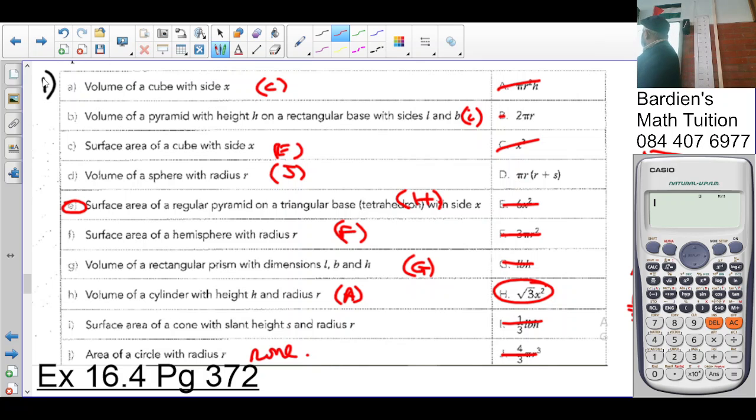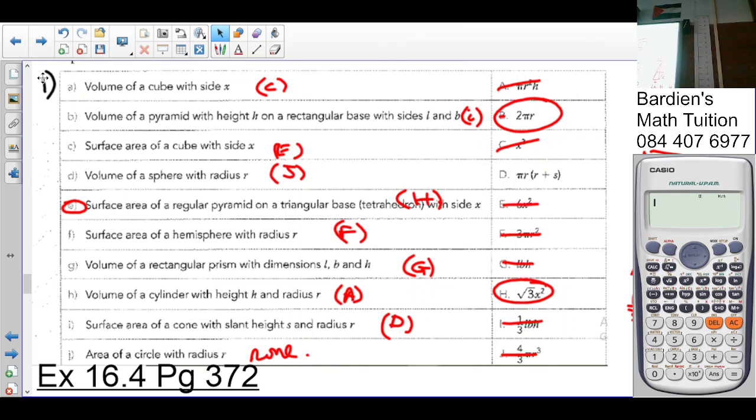Because what is this? That is 2 pi r, the circumference of a circle. They are talking about the area of a circle, so none. The surface area of a cone has to be D. Okay, you all agree with that? So by the process of elimination, the surface area of a regular pyramid on a triangular base, a tetrahedron, is H.